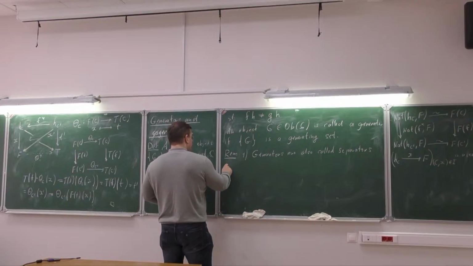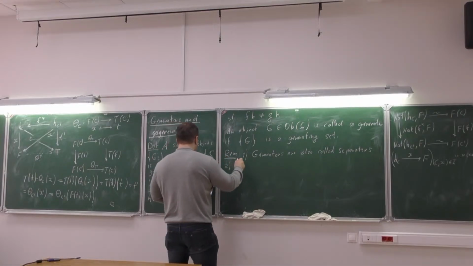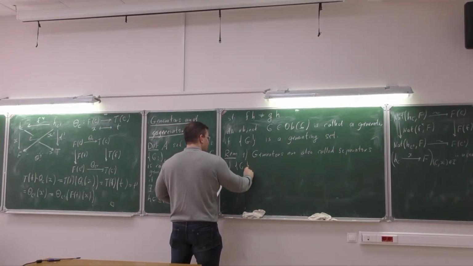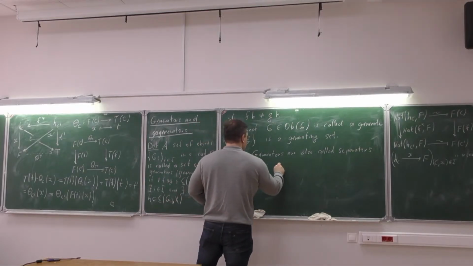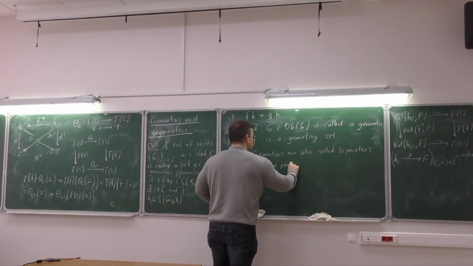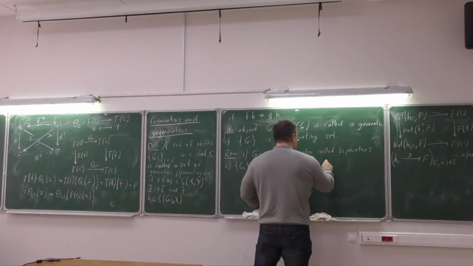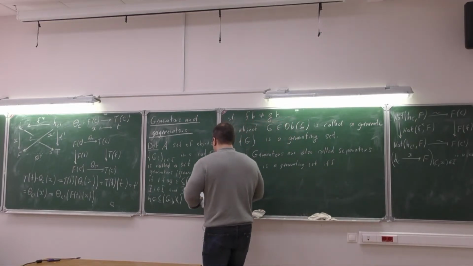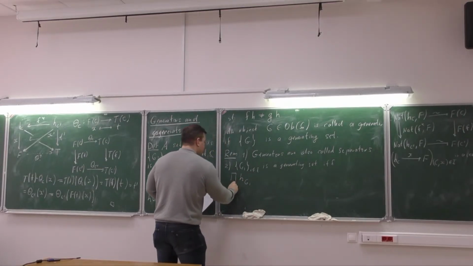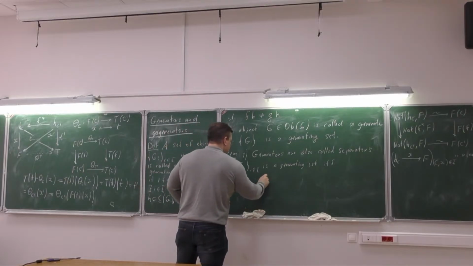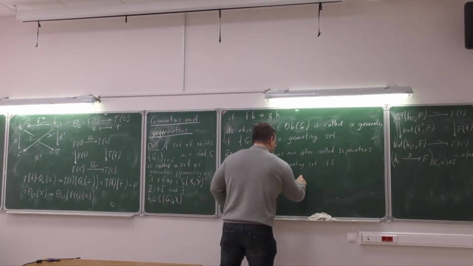Then the second remark, which more or less follows immediately from the definition of faithful functor. This family G_i is a set of generators, or generating set, if and only if we look at the corresponding functor, which is the product of all representable functors for all the objects G_i, so take the product over i, and this is a functor from the category C to the category of sets, and this is faithful.